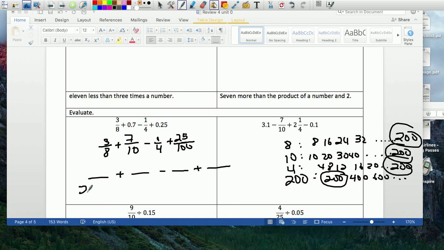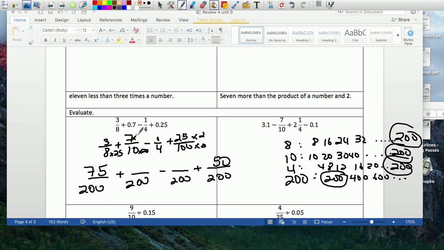Everything is going to be 200. How did 100 become 200? Times 2. So on top is times 2, which is 50. So this one is easy. 8 times what is 200? It's times 25. So 3 times 25 is 75. 10 times what is 200? 10 times 20 is 200.